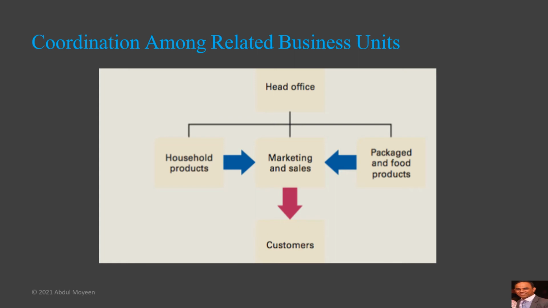The time that this head office would spend to coordinate would be enormous. And so in sum, although diversification can be a highly profitable strategy to pursue, it is also the most complex and difficult strategy to manage because it is based on a complex multi-business model.